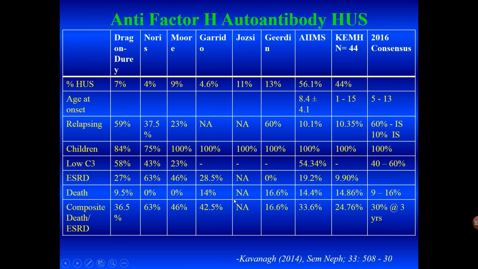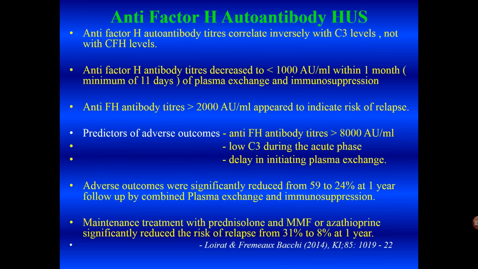And the composite of death and end-stage renal disease is unfortunately still high at almost 1/3 to half of the patients. I have a strong feeling that this is going to improve, as the AIIMS study has stressed the importance of combined plasma exchange and immunosuppression, which has now become a part of the guidelines which were issued by the International Pediatric Nephrology Association in 2016.